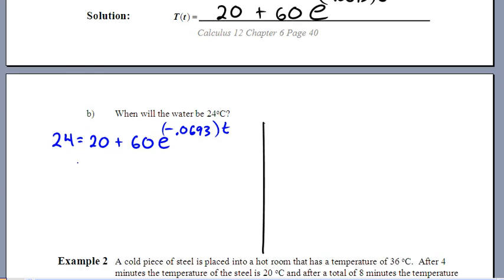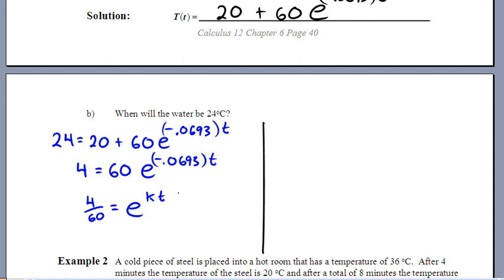I'd move the 20 and say 4 is equal to 60 e to that k. Geez, it would almost be easier just to keep calling it k until you're really ready to use that number. Going to divide by the 60, right? So I've got 4/60ths, or a reduced fraction of 1/15th, whatever you want to call it.